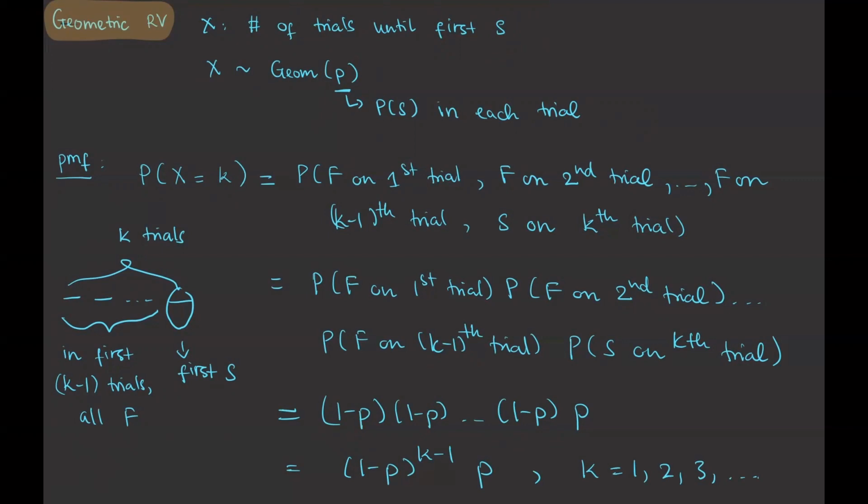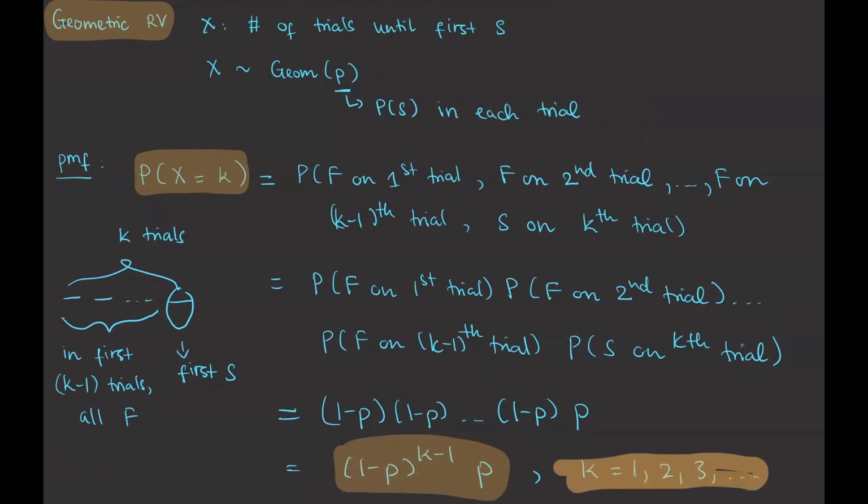So our probability mass function for a geometric random variable is given by this, when k equals 1, 2, 3, 4 up to infinity. If k is 0 or a negative number, then probability x equal to k is just 0.